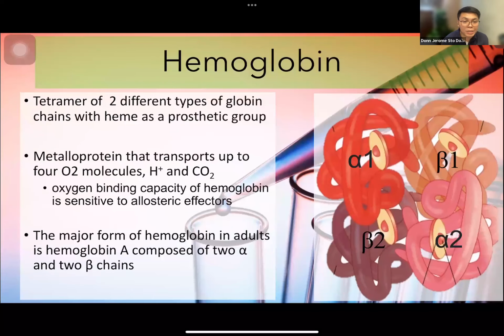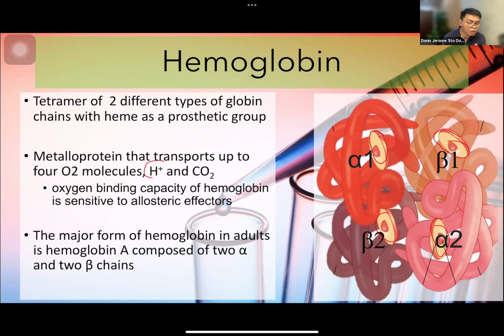Comparing it with your hemoglobin. Hemoglobin is a tetramer, 4, with 2 different types of globin chain with heme. As you can see here, this structure acts as its prosthetic group. It is a metalloprotein that transports up to 4 molecules of oxygen. Because of its structure, it can perform more complex functions than your myoglobin.